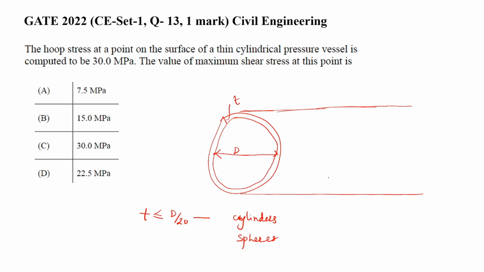So let us take any element. Let us shift to a new page. Suppose this is the thickness, and let us say this is one cylinder cross section at one point.